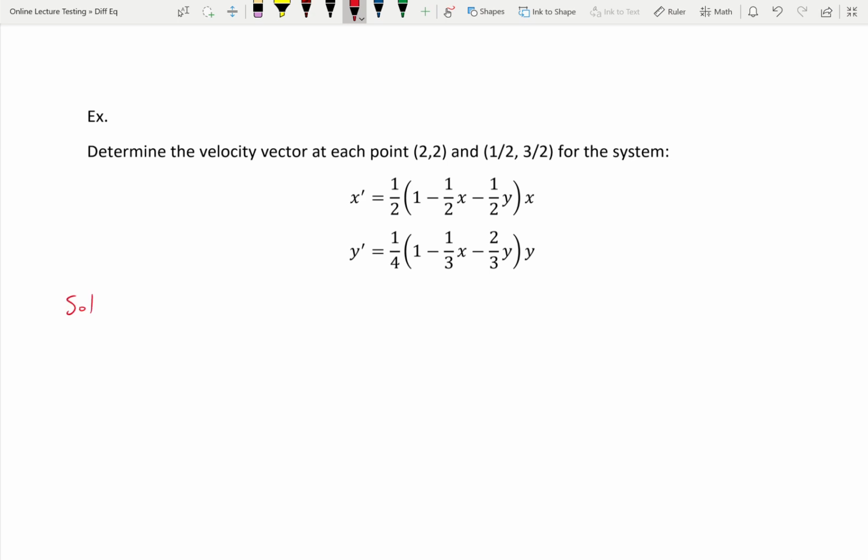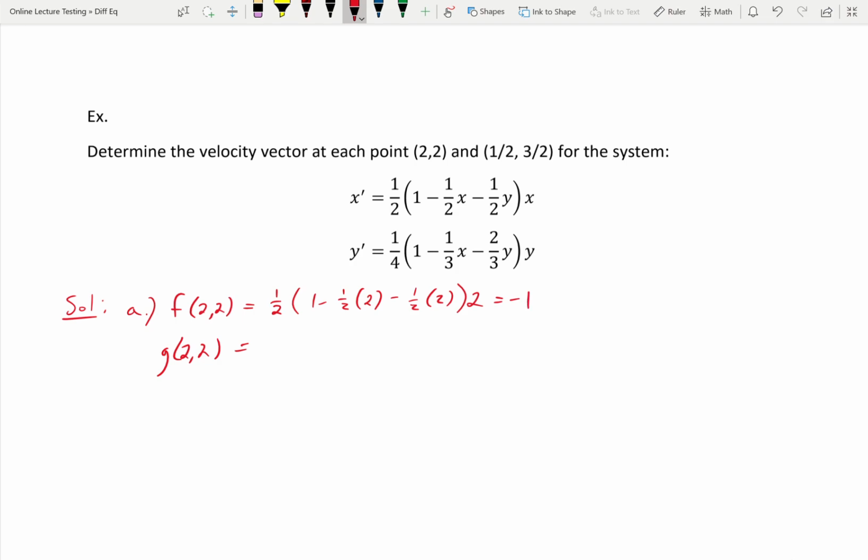Our solution here is very straightforward. Part A, I want to look at f of (2, 2) and g of (2, 2). When I plug in these values, I get 1/2 times (1 minus 1/2 times x, which is 2, minus 1/2 of y, which is 2), all times 2, and if we simplify this, we get negative 1.